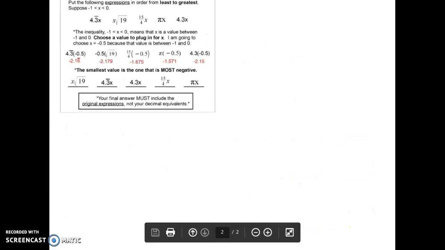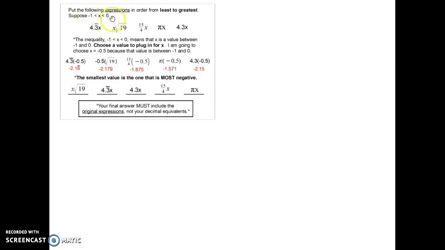Now last one. We are putting the following expressions in order from least to greatest. So now we're going from the smallest to the largest. And we are told that, again, x has to be between -1 and 0. As soon as you see these, you are going to need to pick your own x value. Any number will work as long as it is between -1 and 0.